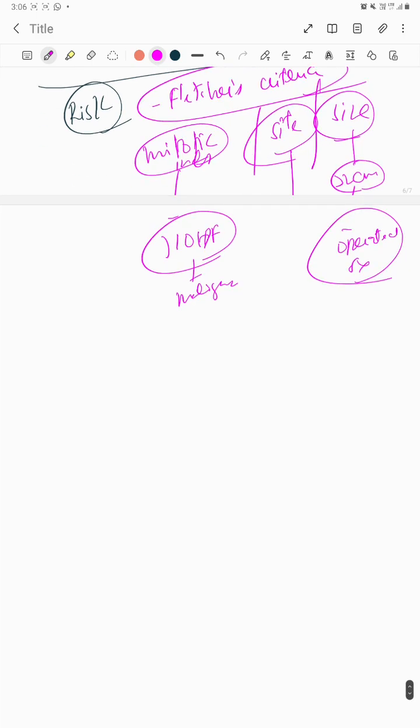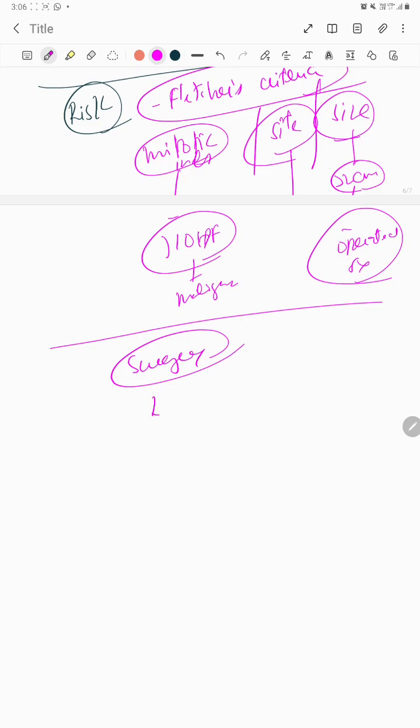So surgery is the choice for localized early stage tumors. For advanced stage, again the role of chemotherapy comes.